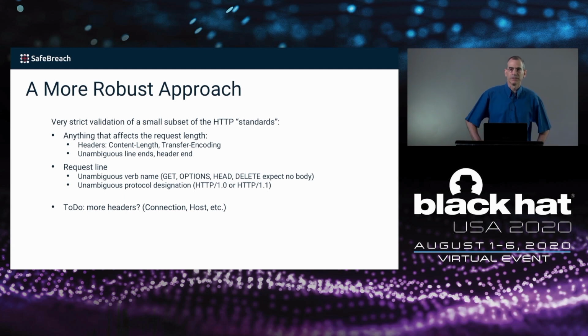And of course, monitoring the request line for verb names should be unambiguous, because the verb name sometimes dictates that the request mustn't have a body, or typically doesn't have a body. And unambiguous protocol designation in order to avoid the HTTP 0.9 syndrome, and maybe other headers that I haven't thought about yet.